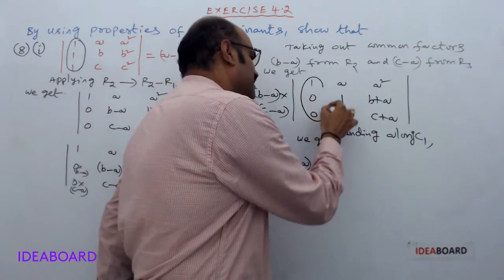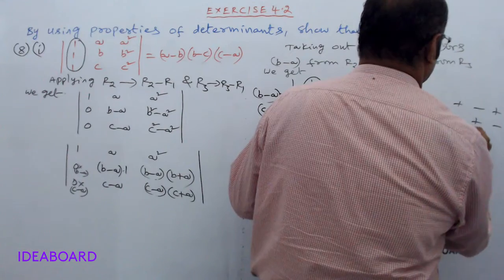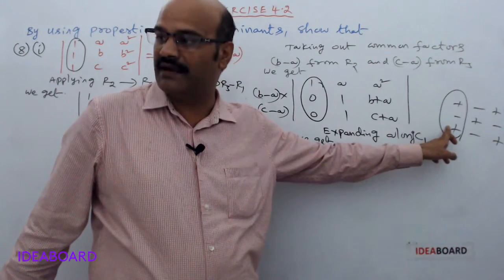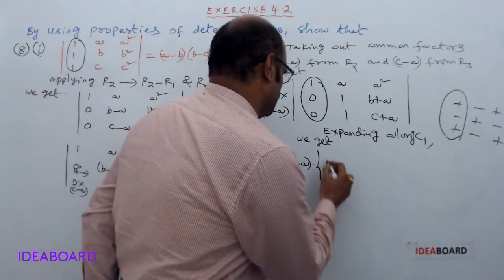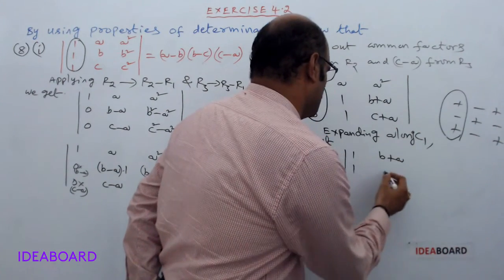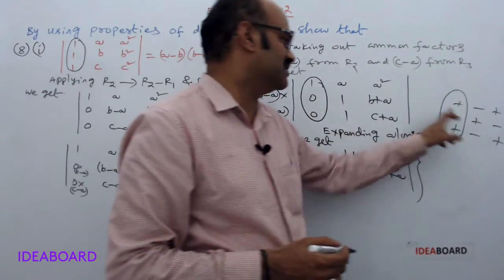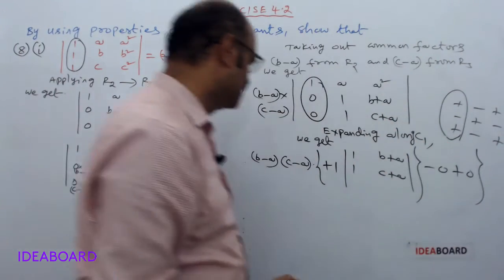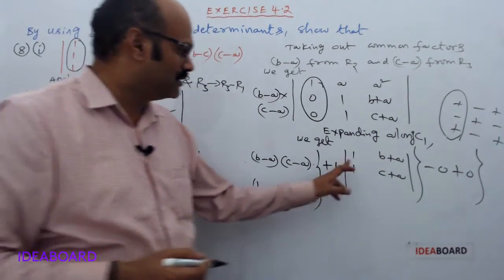Along C1 the signs are plus, minus, plus. So plus 1 into the determinant of 1, b plus a; 1, c plus a. Next minus 0 into anything is 0, and plus 0 into anything is 0. So it implies (b minus a)(c minus a) into the determinant of a 2 by 2 matrix.